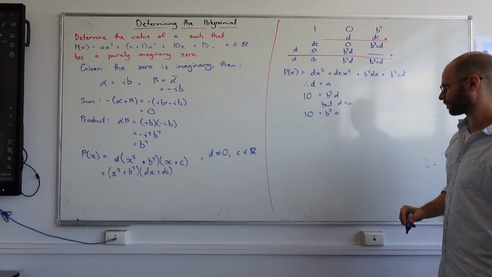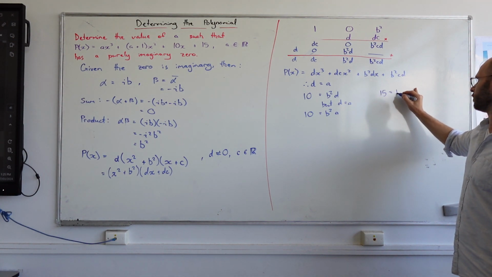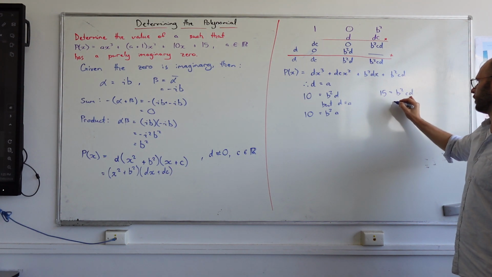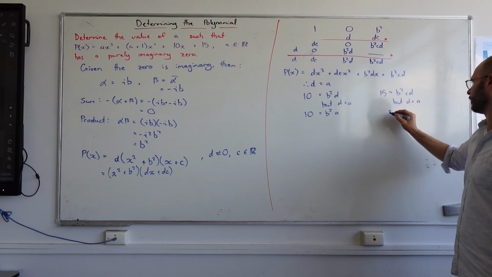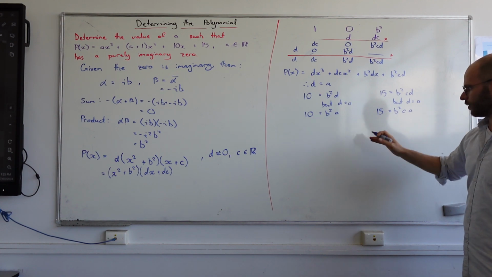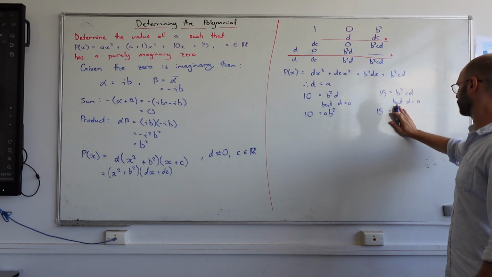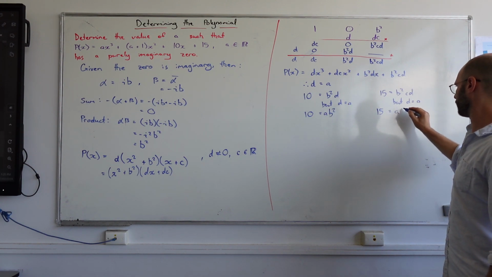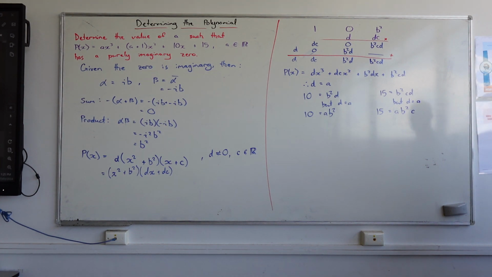Then 15 equals b squared cd, but d equals a, so 15 is a b squared c. That looks alright for now.